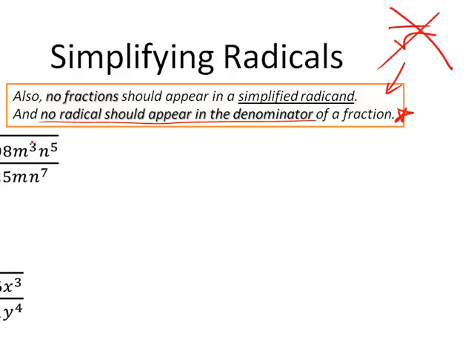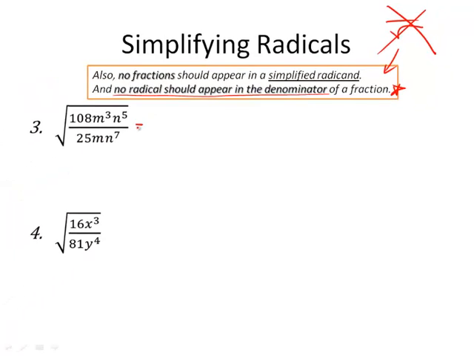So, as before, it's best to simplify inside first, if at all possible, because then your numbers are smaller and they're easier to break down. So, are there any common factors between 108 and 25? No, there are not, so we need to keep that.